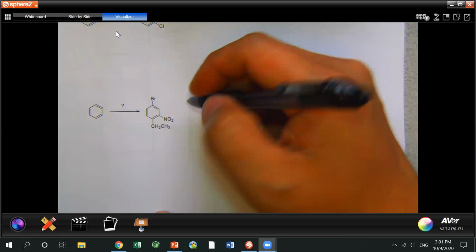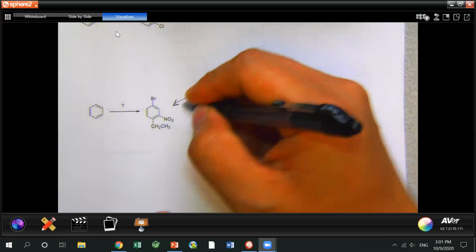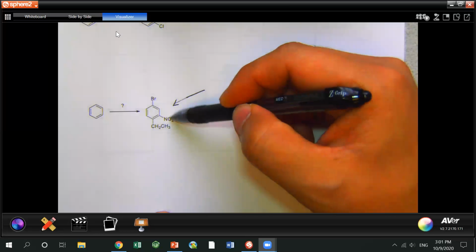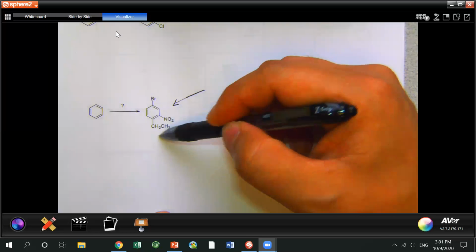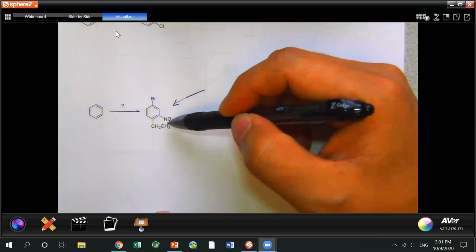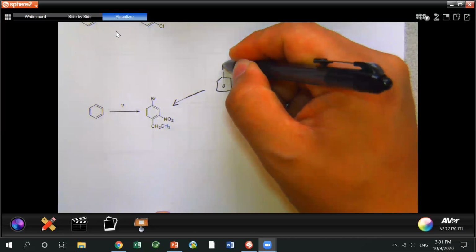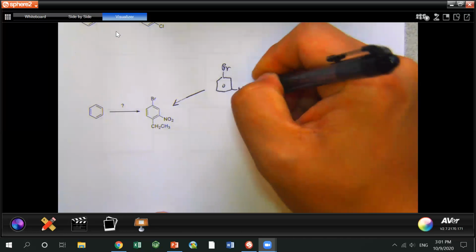For example, for the first one, we probably keep the bromine and the nitro group on the benzene, and then try to see whether we can put the ethyl group on the benzene.